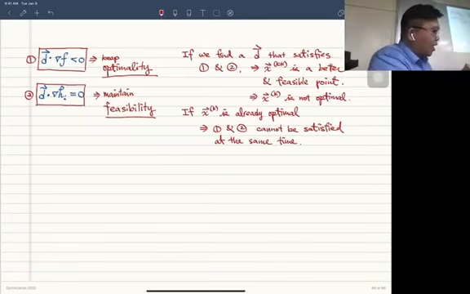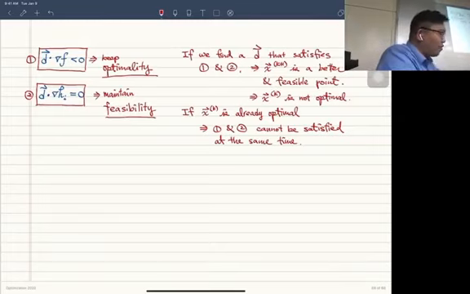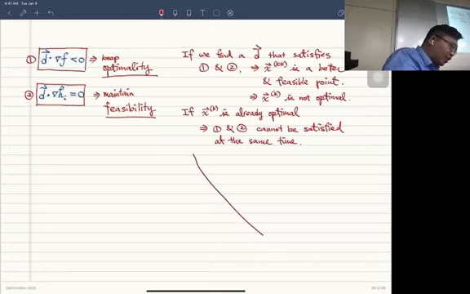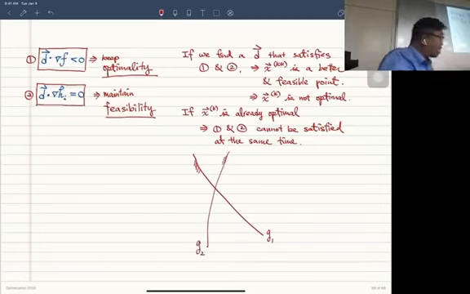Or let me show you a graphical way. What does it mean? Let's say I have some constraint G1 and another one G2, and I'm using the hatch to represent the wall, so you don't go to the wall, right? So what would be my design domain?